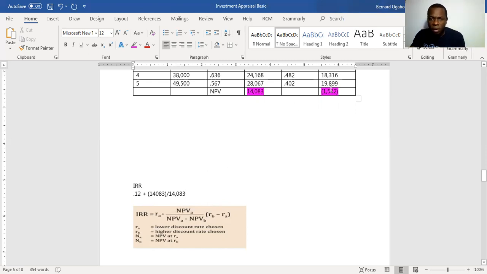Since the NPV of the higher rate is negative, the minus that is a default in the formula plus this other minus gives us a positive. So we're going to say plus 1,582.